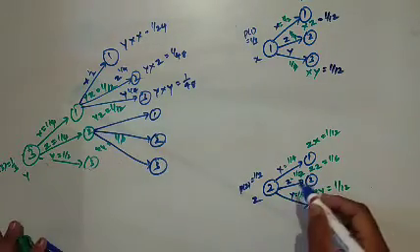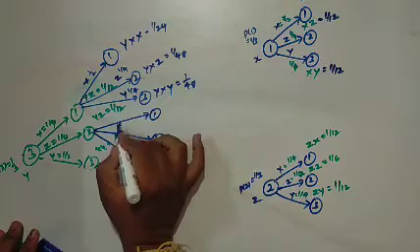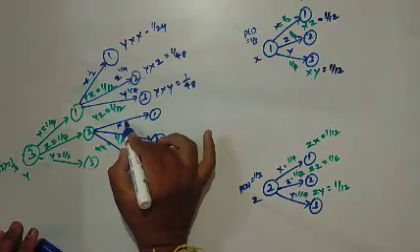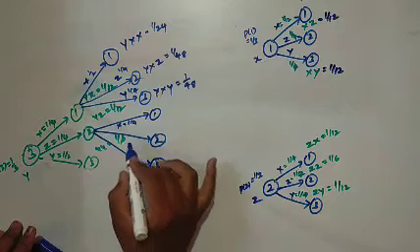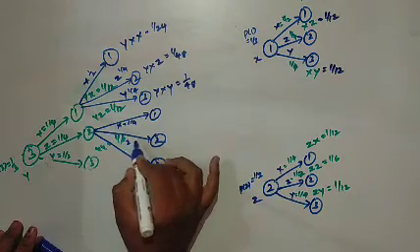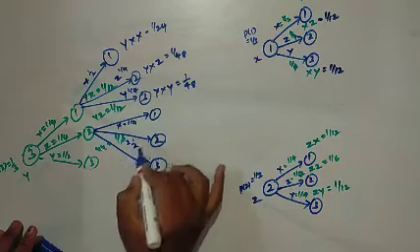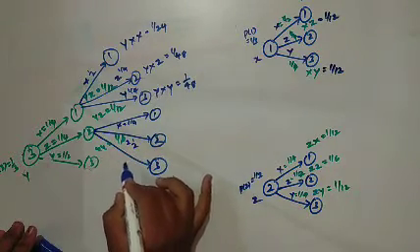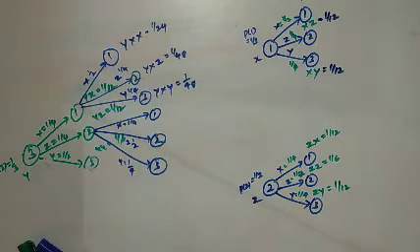See, before that, fill this. 2 to 1 is x with the value 1 by 4. 2 to 2 is z with the value 1 by 2. 2 to 3 is y with value 1 by 4.